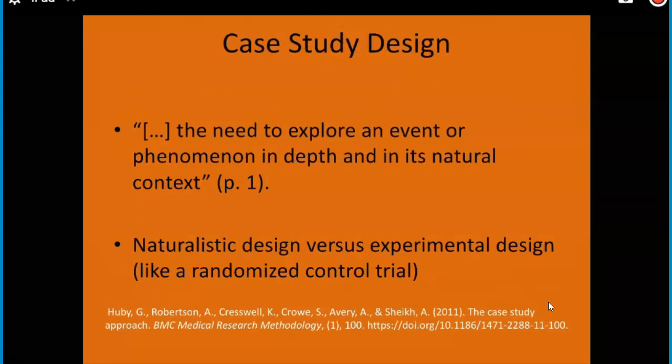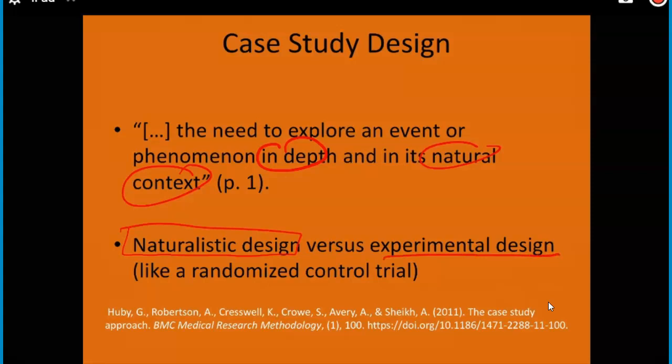and I really like this quote. So for case study design, what's at the heart of a case study is the need to explore an event or phenomenon in depth and in its natural context. So the in-depth and natural context are really pivotal here. So right, it has that sort of observational component in there. And so case studies have what is often referred to as a naturalistic design rather than an experimental design.